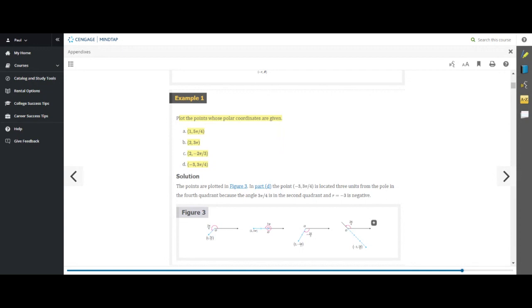That's why the figure is as you see it. For C, the polar coordinate (2, negative pi over 3). Well, negative pi over 3 is a negative angle. So as you learned in trigonometry, for negative angles, you don't go counterclockwise, you move clockwise. So you move clockwise 60 degrees, and then go forward a radius 2.